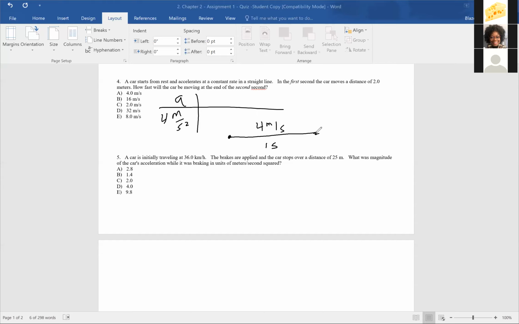Then it travels another 1 second. But every second that it's moving, it increases its speed by 4 meters per second. That means after the second second, it is traveling 8 meters per second.